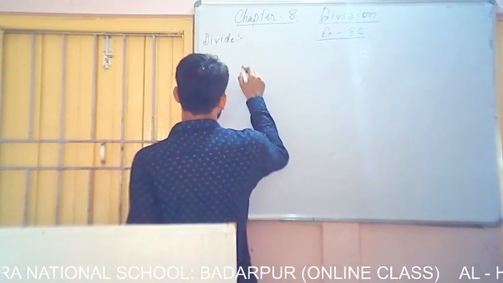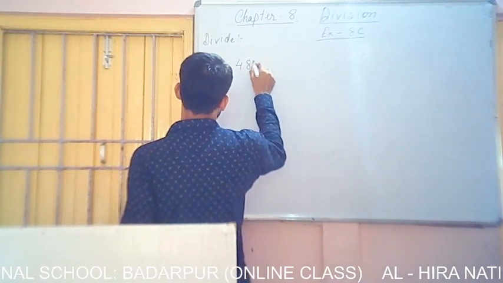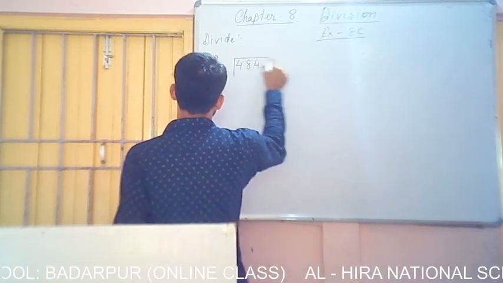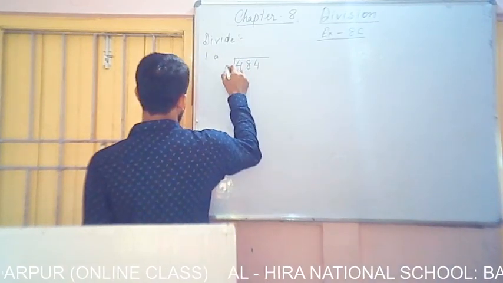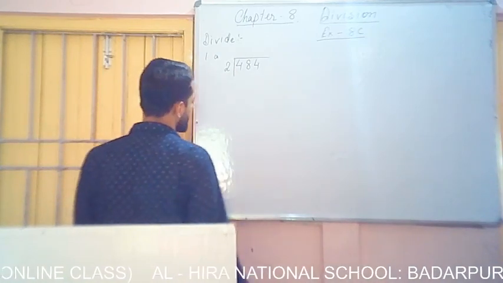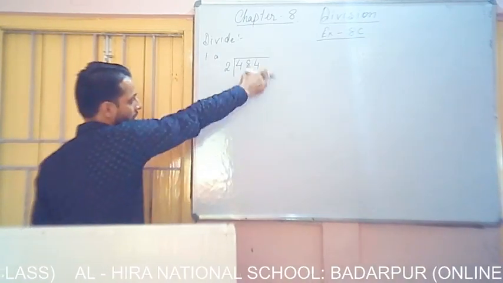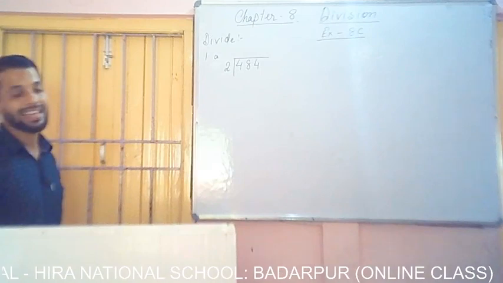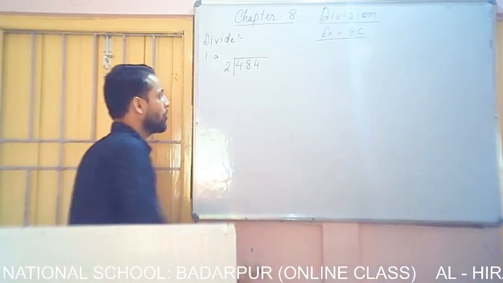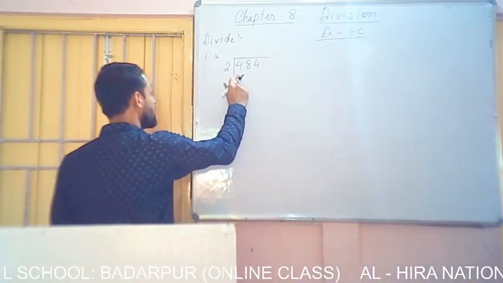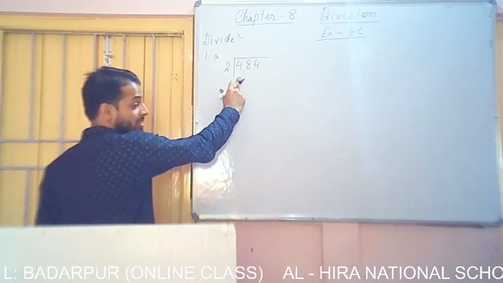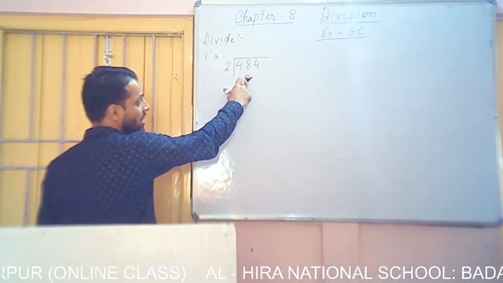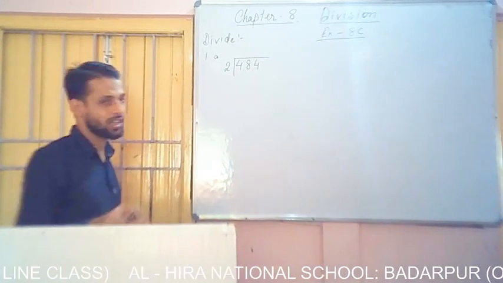Question number 1A is 484 divided by 2. Here we can see it's a 3-digit number. 4 is in the hundreds place, 8 is in the tens place, and 4 is in the ones place.